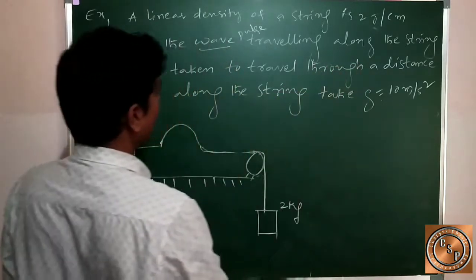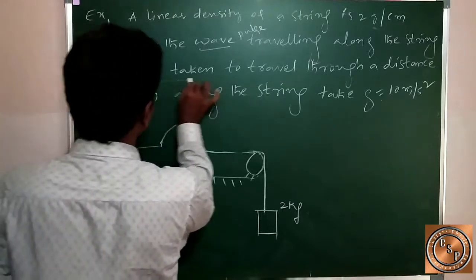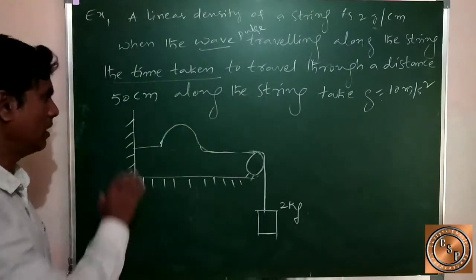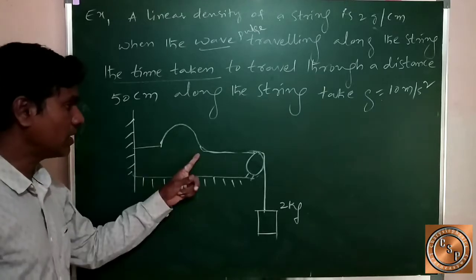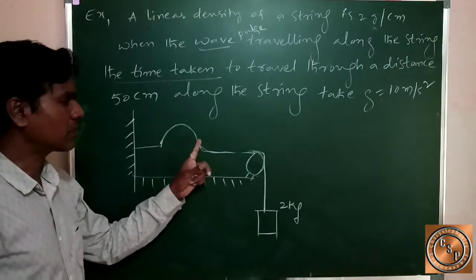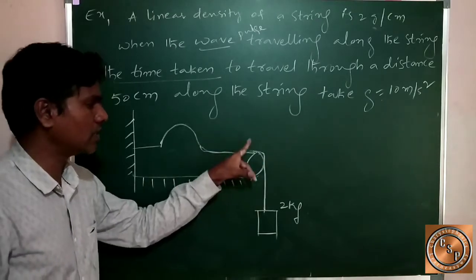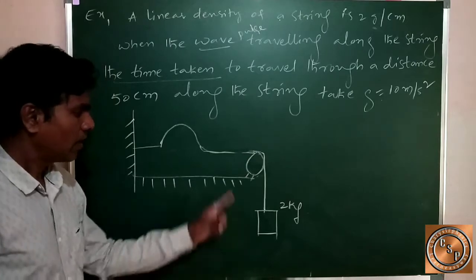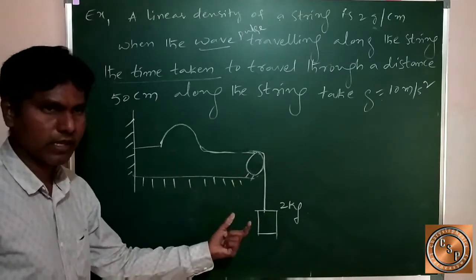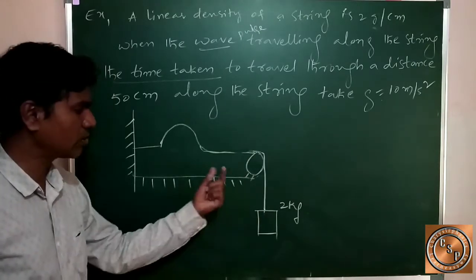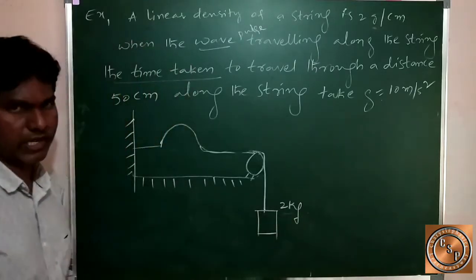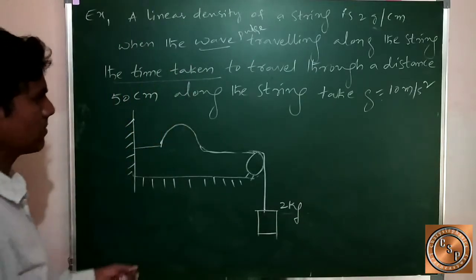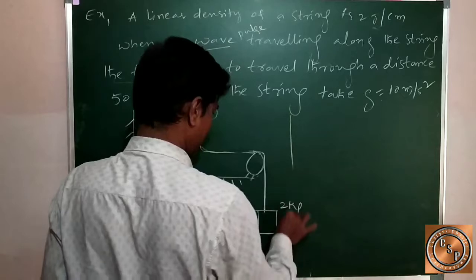We have to calculate the time taken to travel the pulse along the string. The string is passing over the surface of the pulley, but some weight is attached to that string, that is the 2 kg mass.